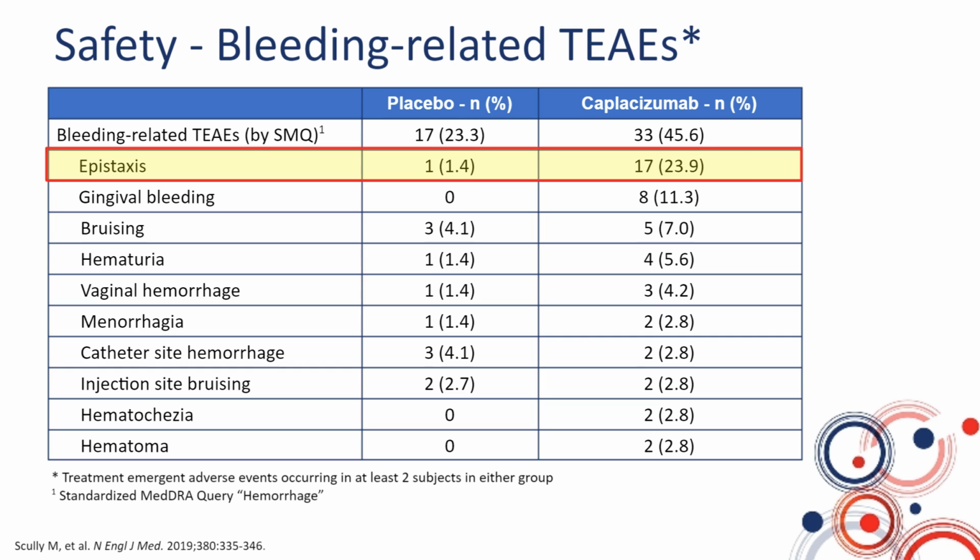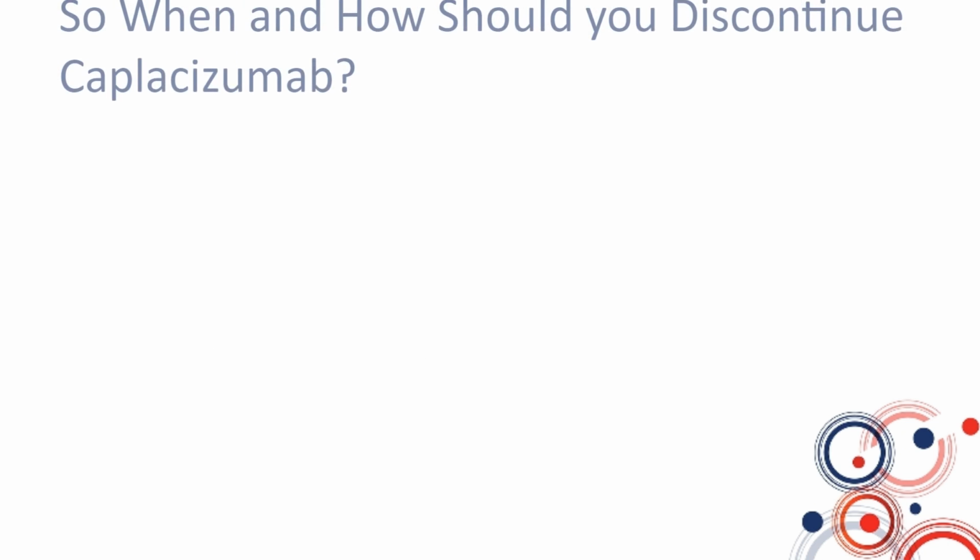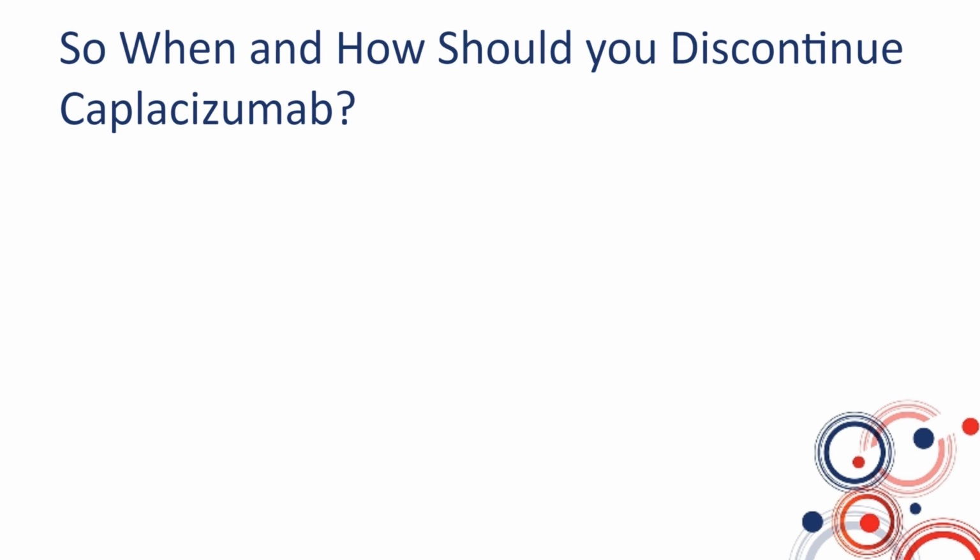Epistaxis was the most common, then gingival bleeding, bruising, and hematuria. In general, the bleeding that was seen was very manageable and controllable, and really much easier to handle than the thrombotic phenotype it's replacing with the treatment. So overall, you must be aware of these bleeding issues, especially when starting therapy, but these bleeding complications were manageable.